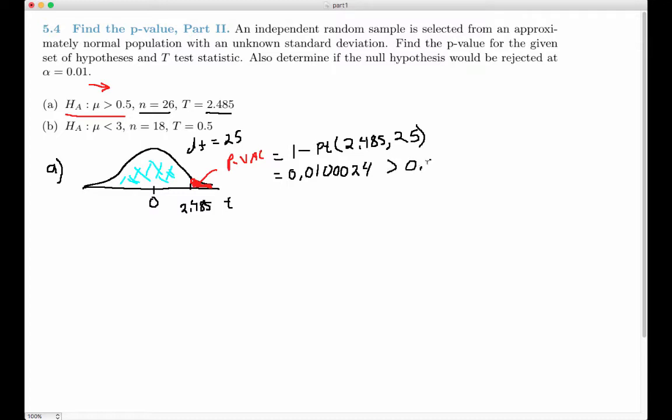And so in this case, since the p-value was greater than the level of significance, we would fail to reject.